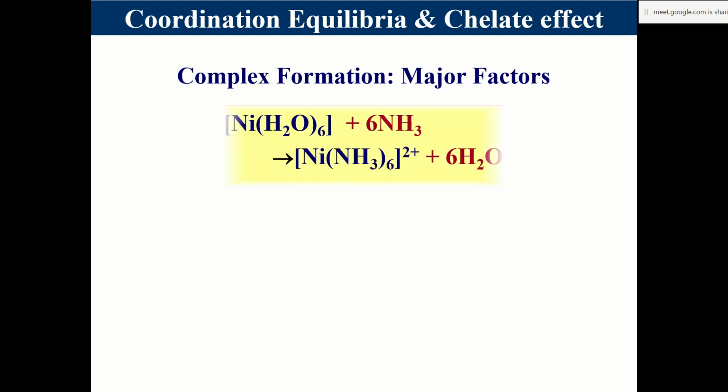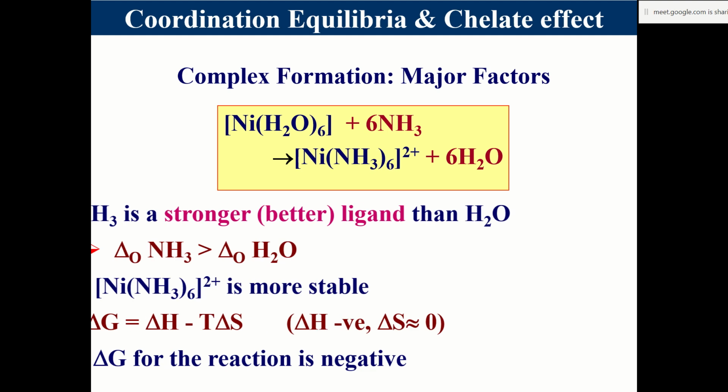But in case of ethylenediamine, even if you break one bond, the other end of the molecule is still bound to the metal, so it cannot move away, and there is a chance that it will recombine with the metal. So it will be more stable; this is also a factor.